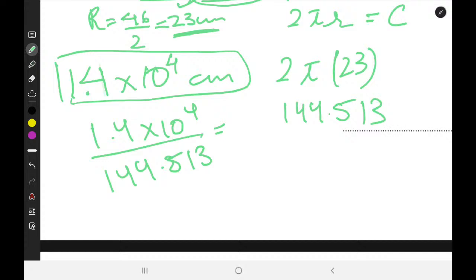You can use your calculators and tell me the answer. What is the answer? 96.8. Now guys, tell me in the chat, is it going to be 97 or is it going to be 96?